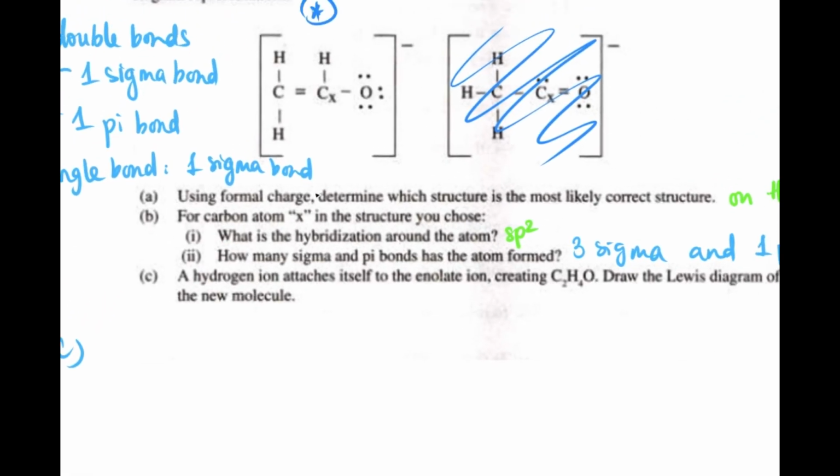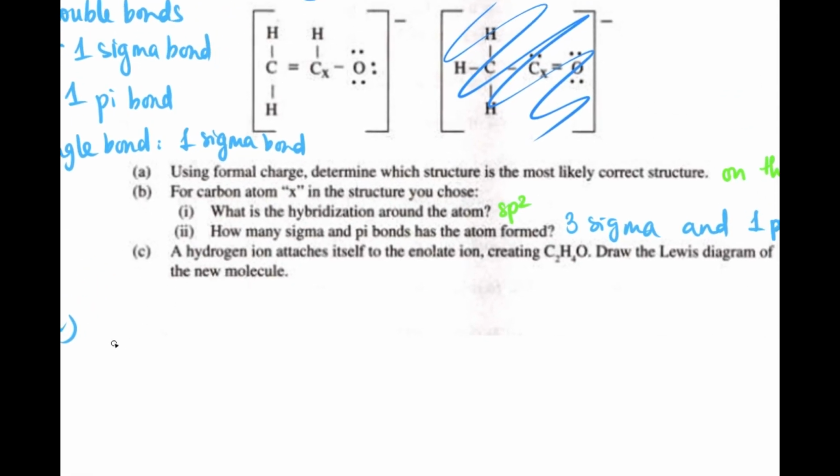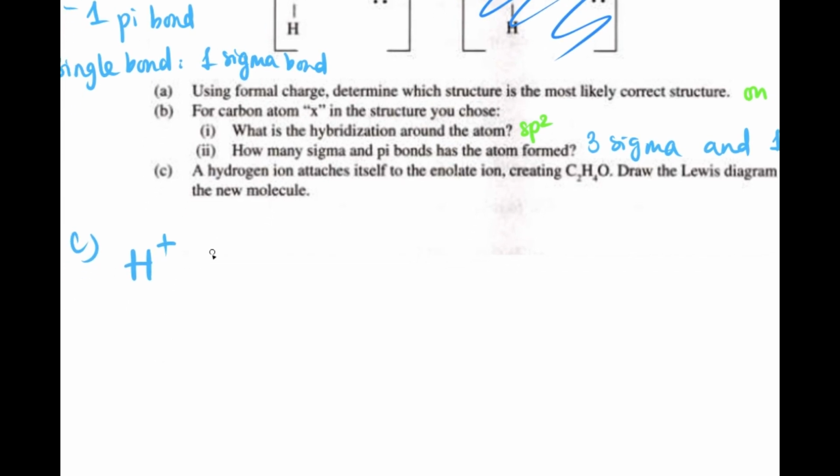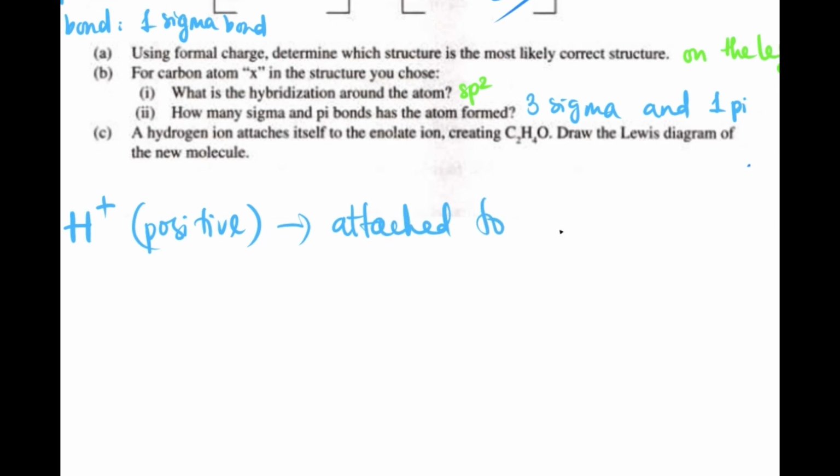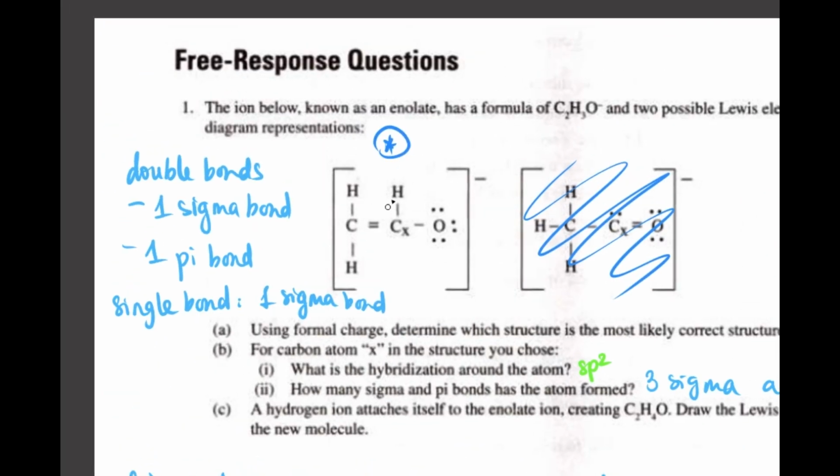So the hydrogen ion is H+, so it is obviously positive. And it's going to be attached to a negative ion. You can see that our ion is negative, so it satisfies the deal.